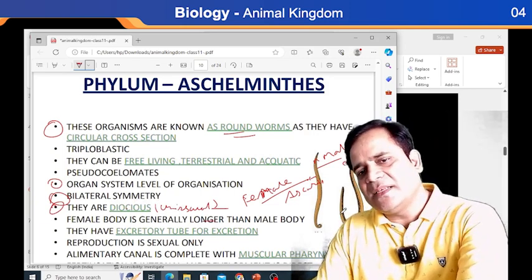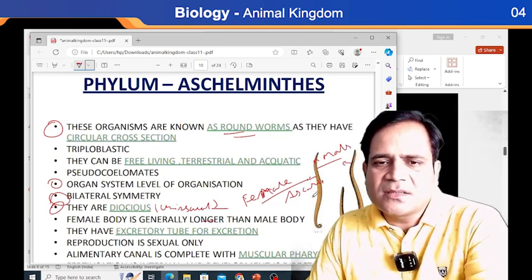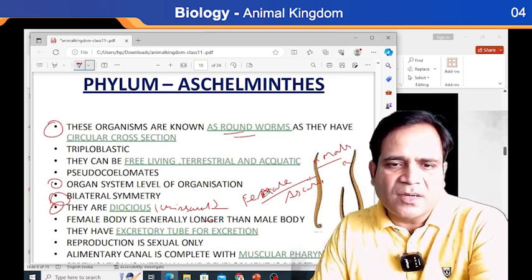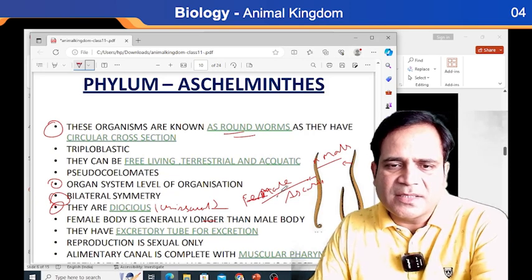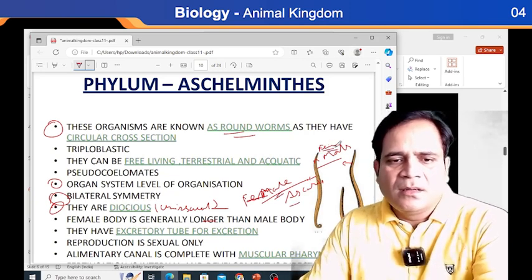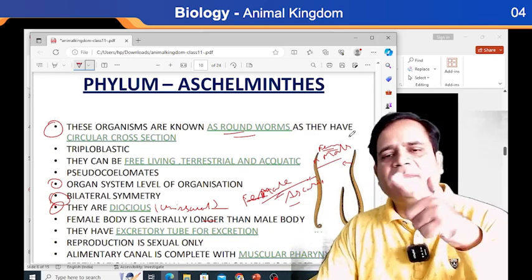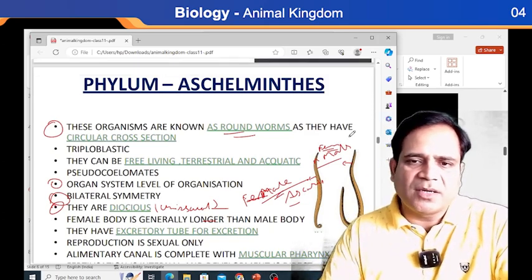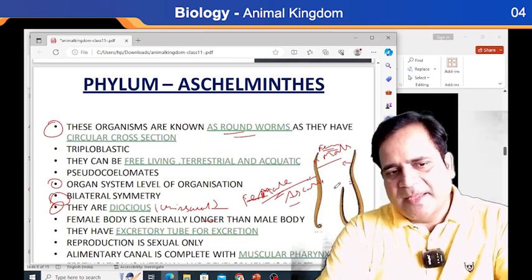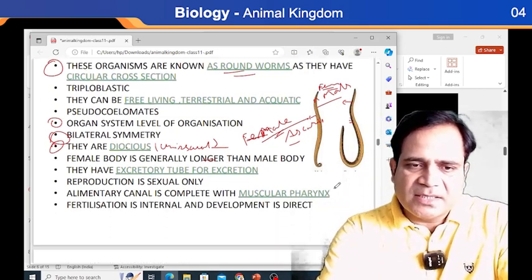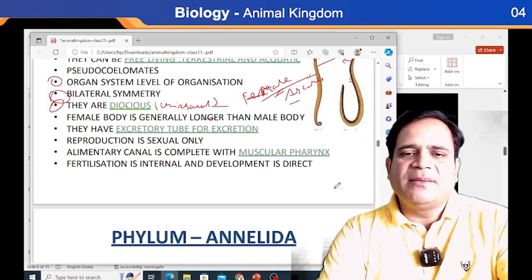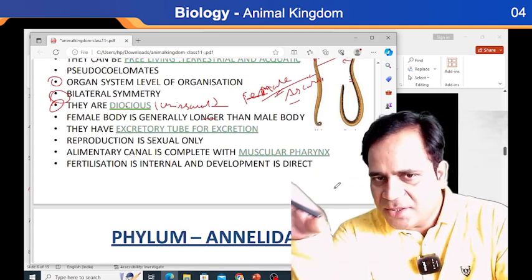So this one, the longer body, is the female. Correct? Reproduction is sexual only. The alimentary canal is complete, which means it runs from the mouth to the anus.